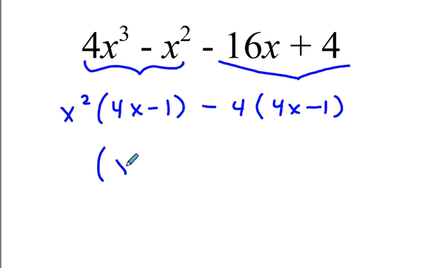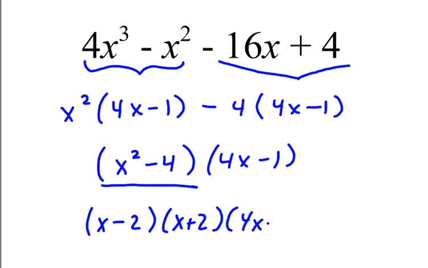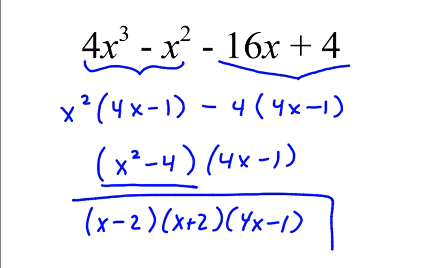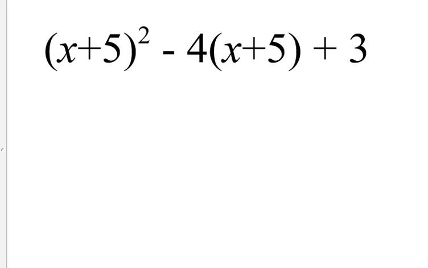So one of my factors will be x squared minus 4. The other factor is 4x minus 1. But wait, there's more. This piece can be factored again because that's a difference of squares. x minus 2, x plus 2, and 4x minus 1. Last type looks like that.